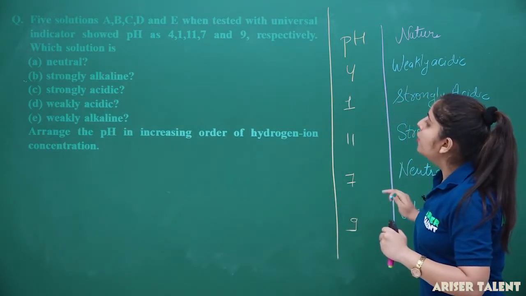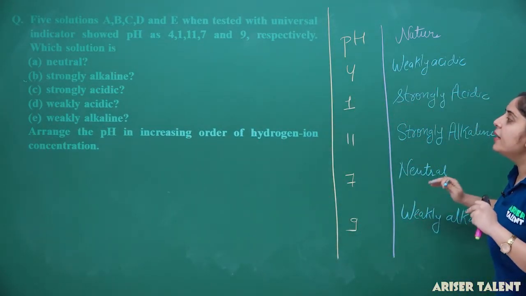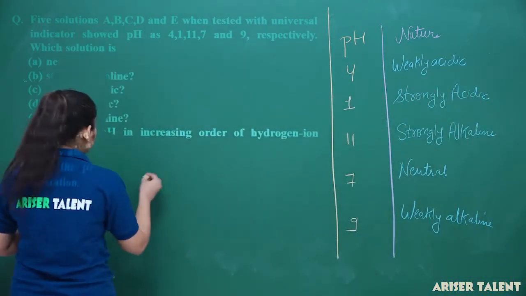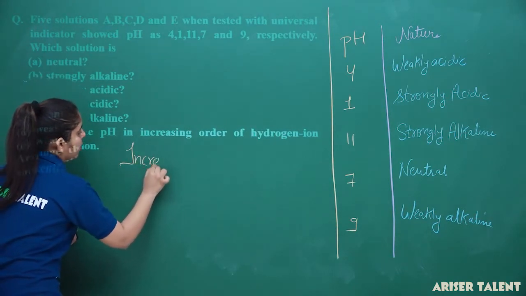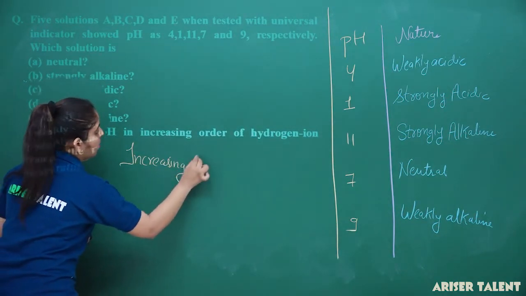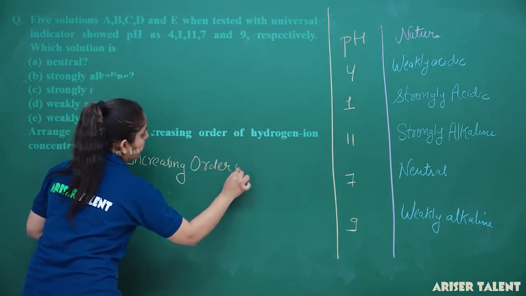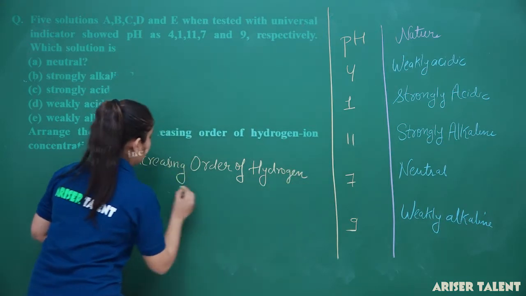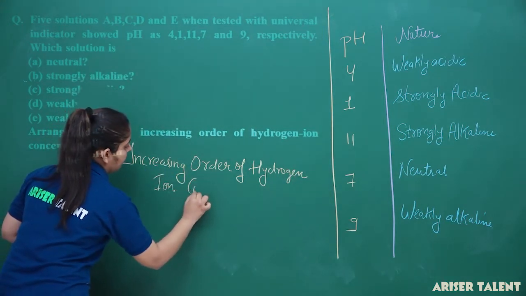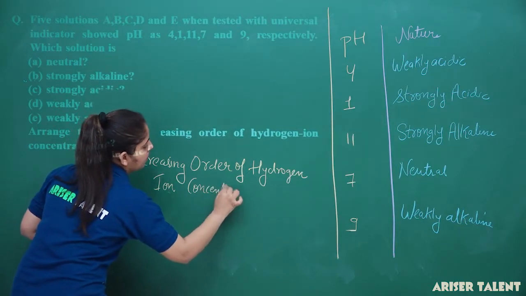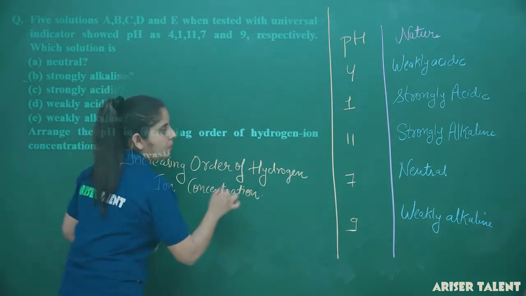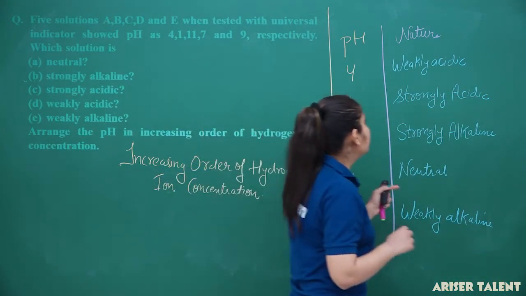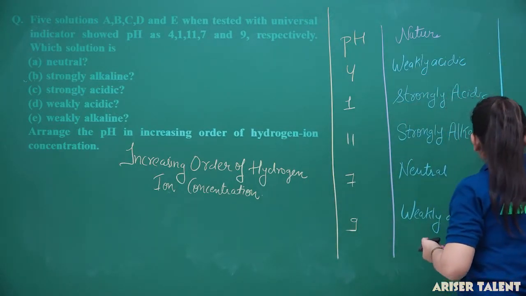So the correct order of arranging all these in the increasing order of their hydrogen ion concentration will be as follows. So now we have to write all these compounds in the increasing order of their hydrogen ion concentration. So firstly we will mention the names of the compounds here.